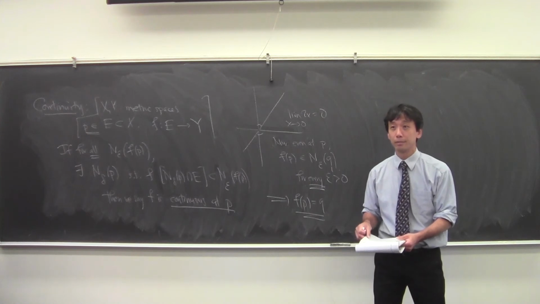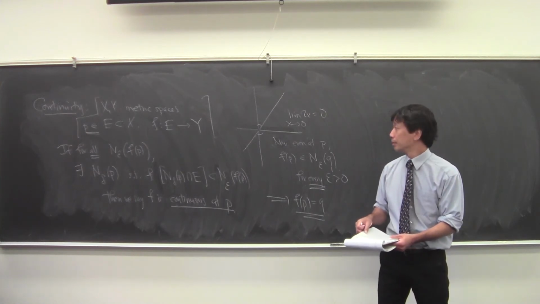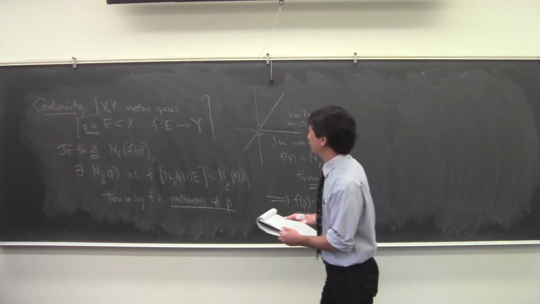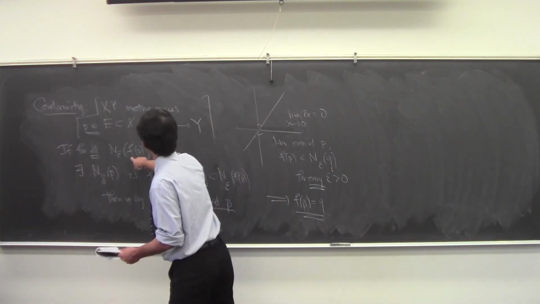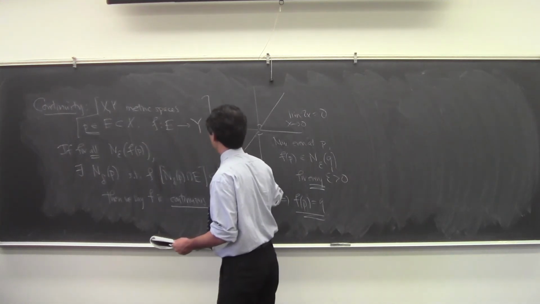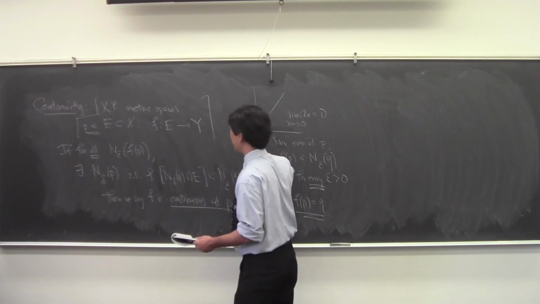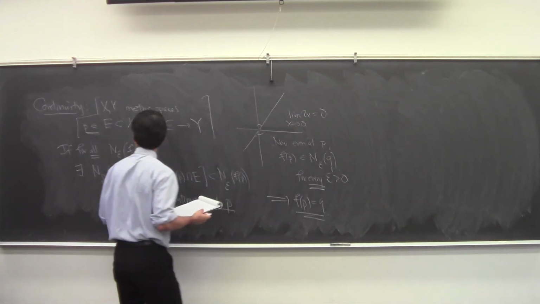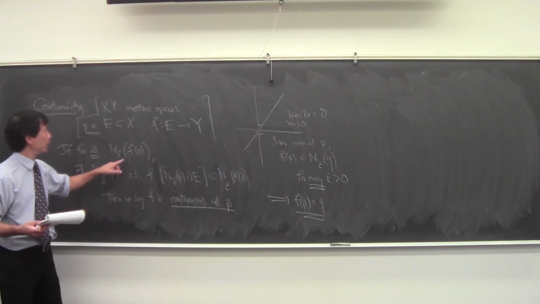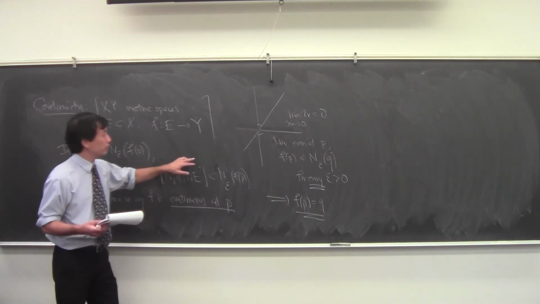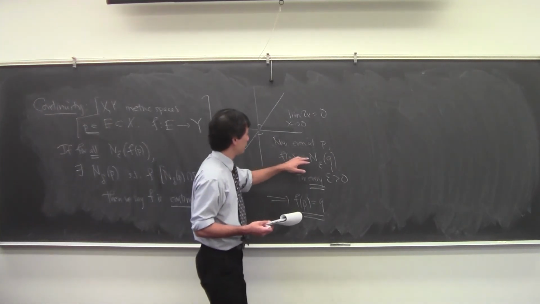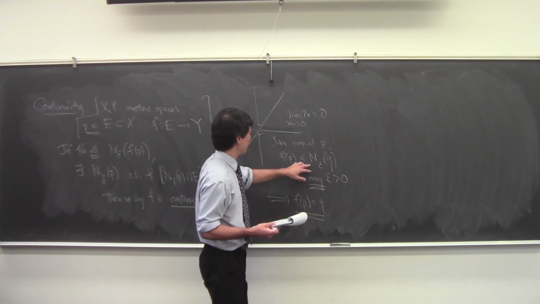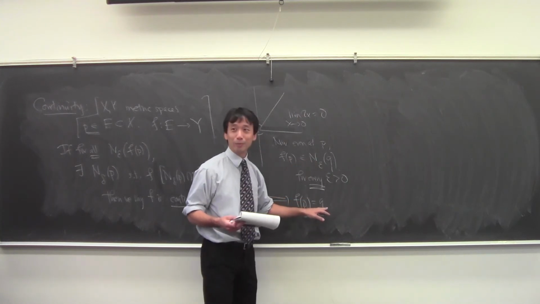Why can't you use Q? Why do I use f of P? Well, it will be equal to f of P anyway.